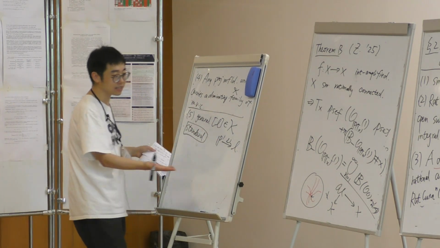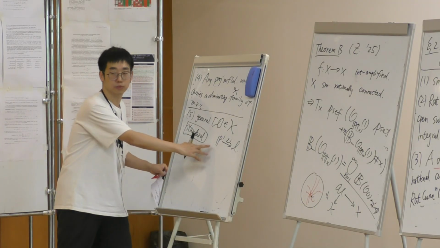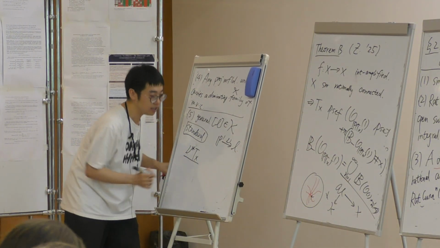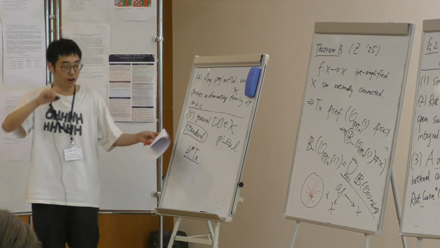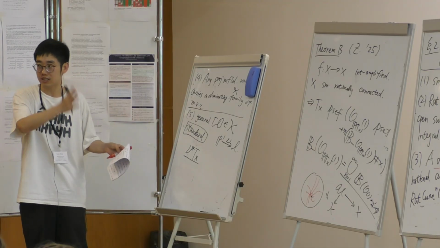If we consider the tangent bundle restricted to this L and then pulled back to P1, I use mu pullback Tx. If L is smooth, this is just the restriction of the tangent bundle to the curve.